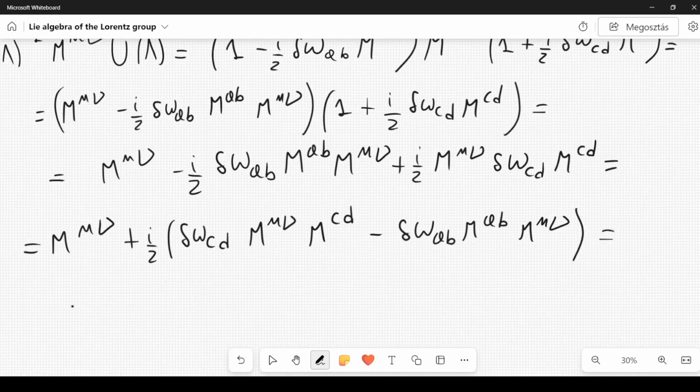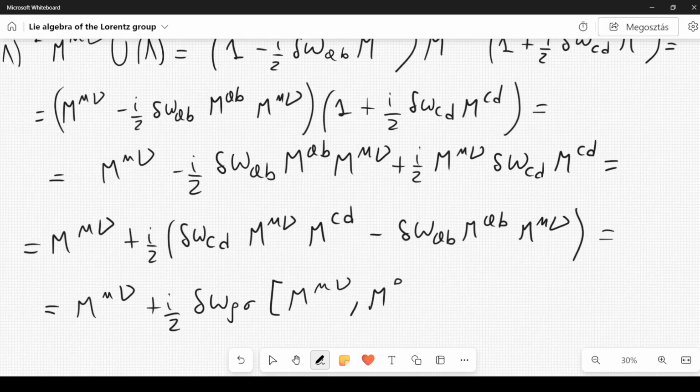Then we can rewrite it in the following fashion: M mu nu plus i over 2 delta omega rho sigma. And then we have a commutator between M mu nu and M rho sigma. So basically you can change the dummy indices by relabeling C and D, for example, like this.